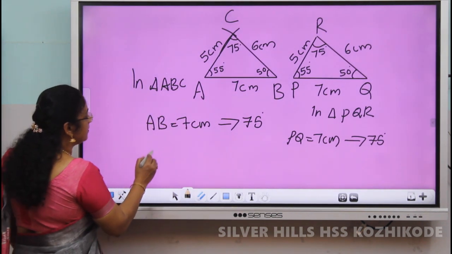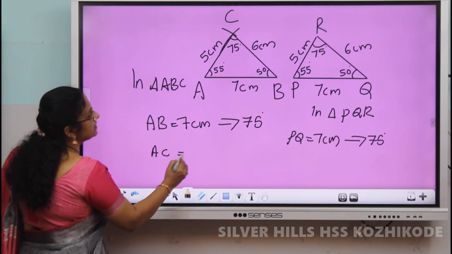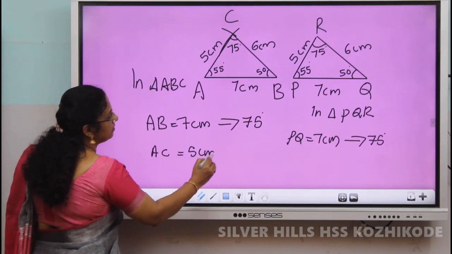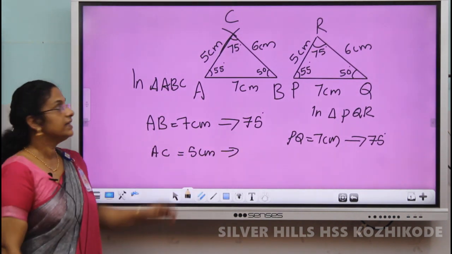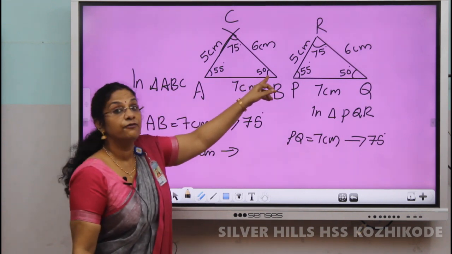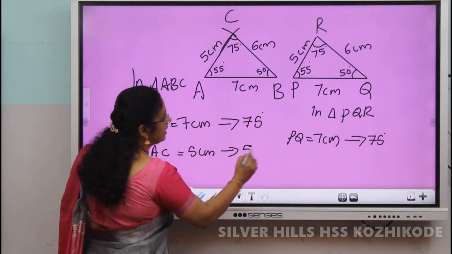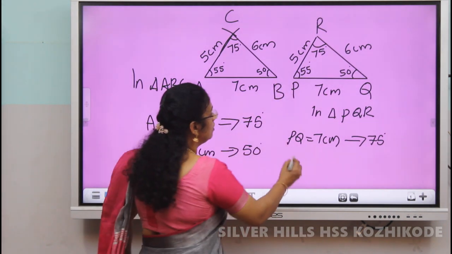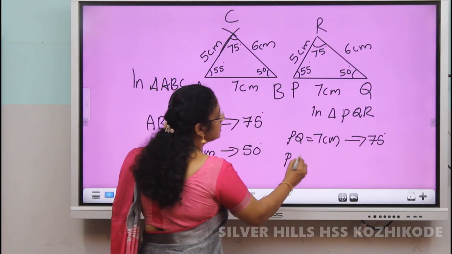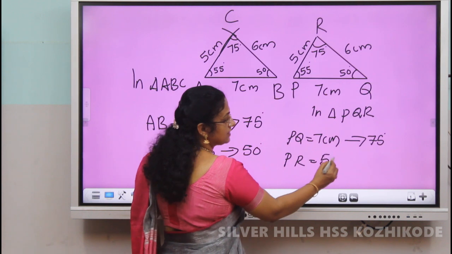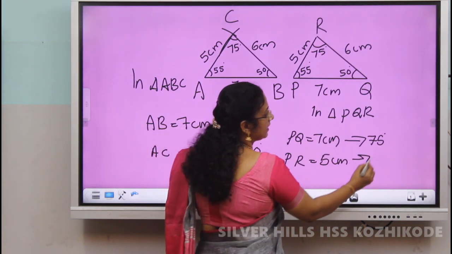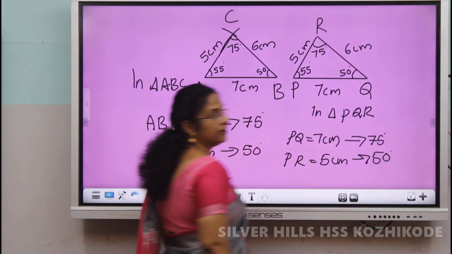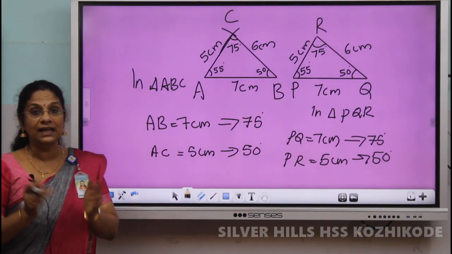Next, smallest side we can take. Smallest side is AC. AC is equal to 5 centimeter. What is the opposite angle children? 50 degree. In this triangle also, PR is the smallest side. Opposite angle is 50 degree. And one more, the middle side is there.